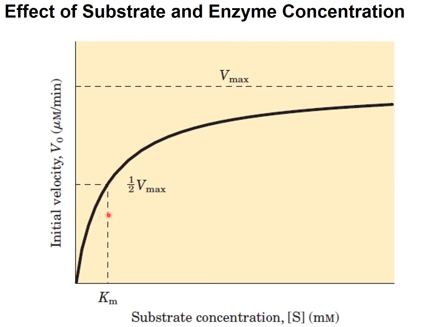Now, if we look at this, we've got 1/2 the Vmax. So 1/2 the Vmax is really halfway up this exponential rate of enzyme activity. At 1/2 Vmax, if you follow this line, a straight line, all the way down to that particular substrate concentration, whatever that is, that represents the Km.